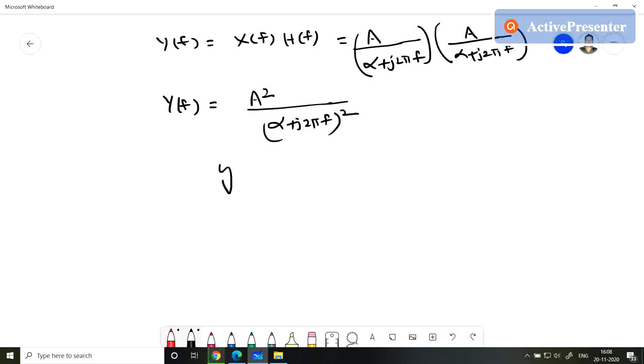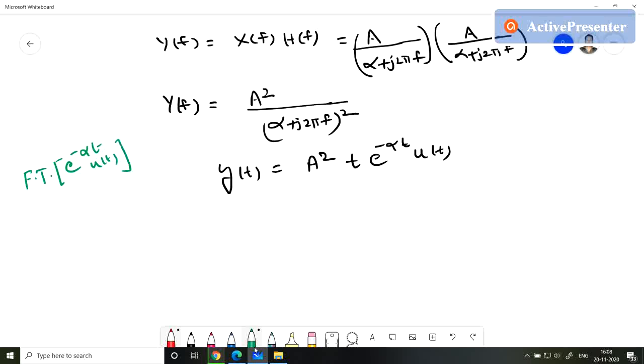So y(t) we will get as a square t e^(-alpha t) u(t). Basically we have used the property that the Fourier transform of e^(-alpha t) u(t) is 1 divided by alpha plus j 2 pi f.